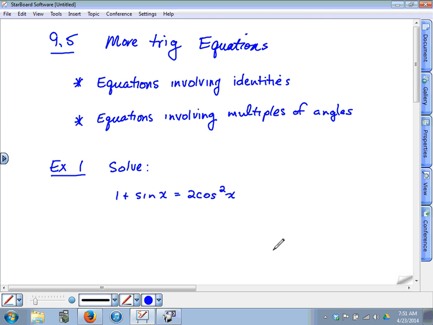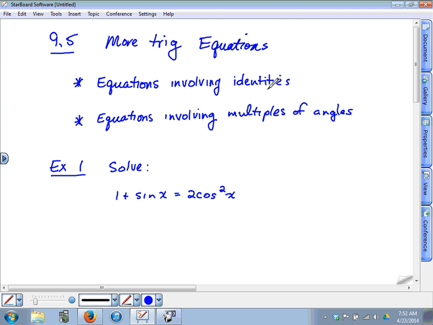So it isn't real easy to solve an equation that involves two different trig functions. We have sine and cosine. Usually not the easiest thing to do. This is involving the first subtopic, equations involving identities.